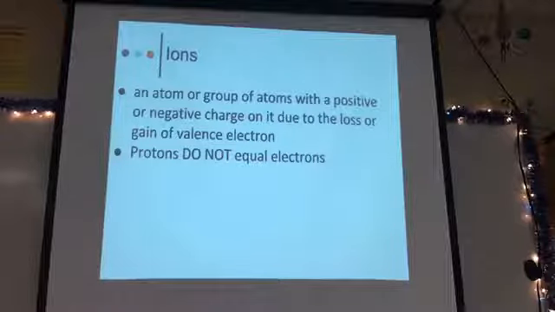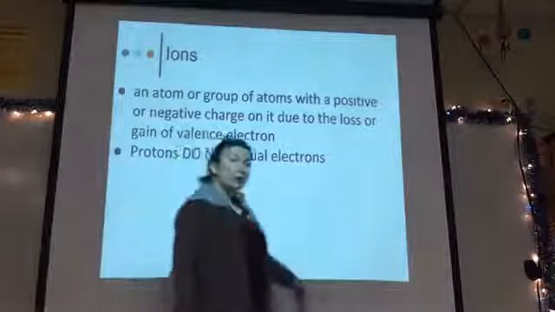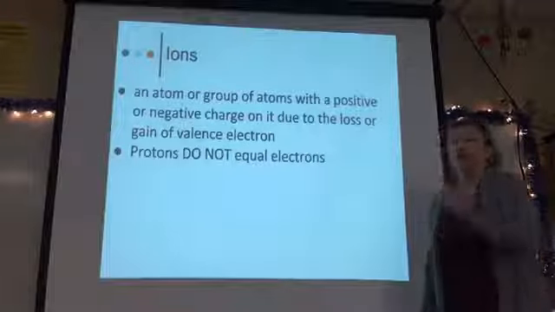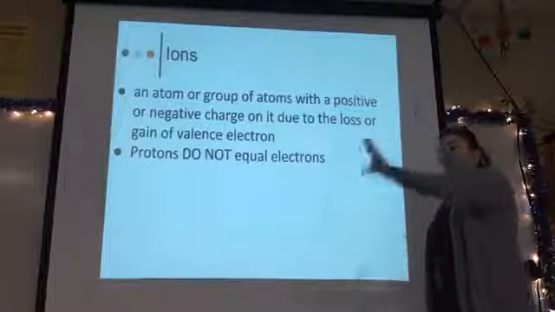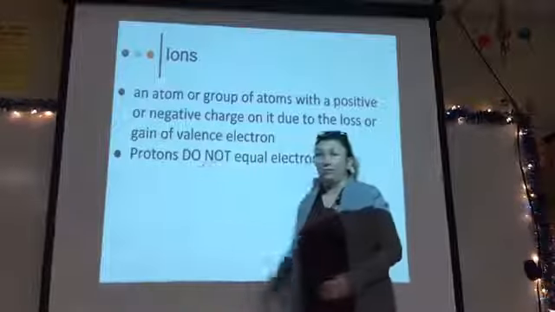The charge can be either positive or negative. In an ion, protons do not equal electrons. The atom is no longer neutral. In a neutral atom, like you see on the periodic table, the protons equal the electrons. But in an ion, they do not.